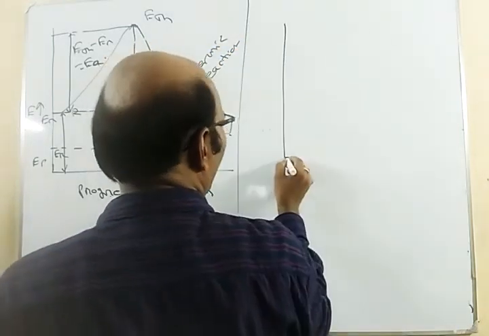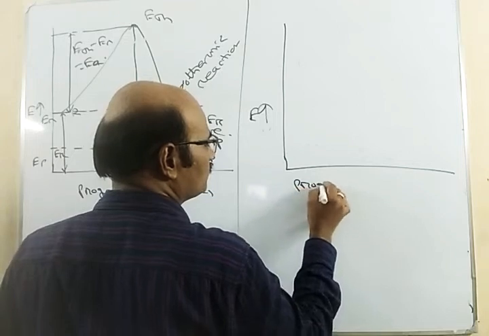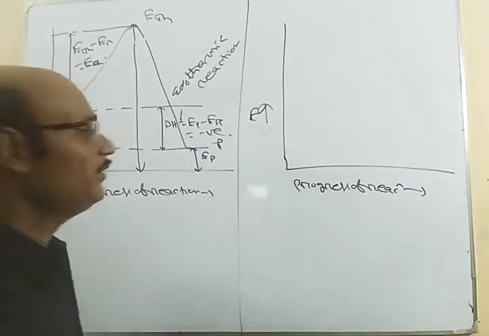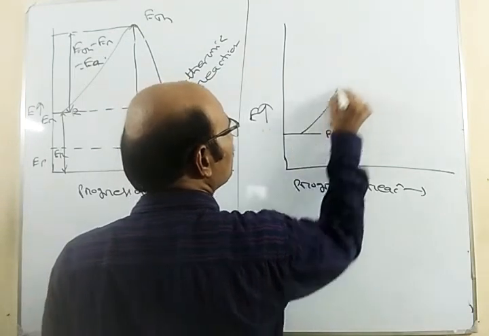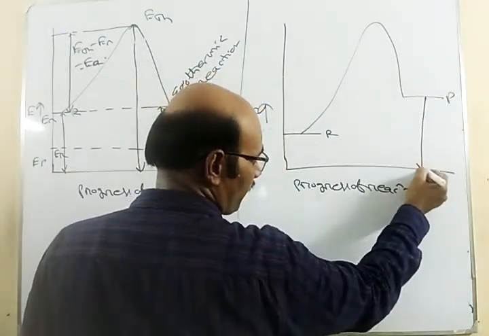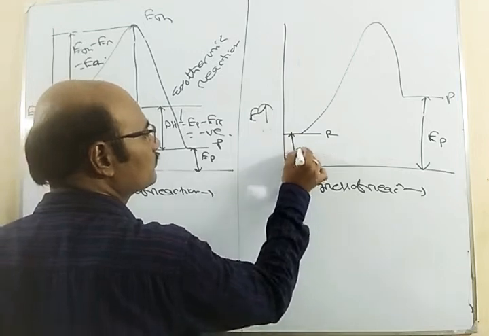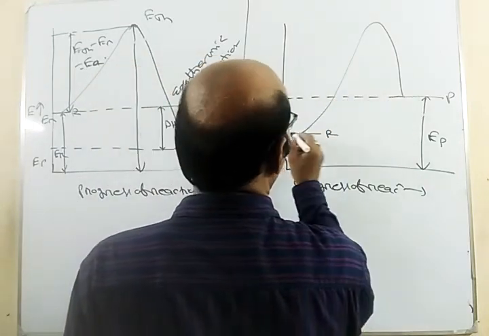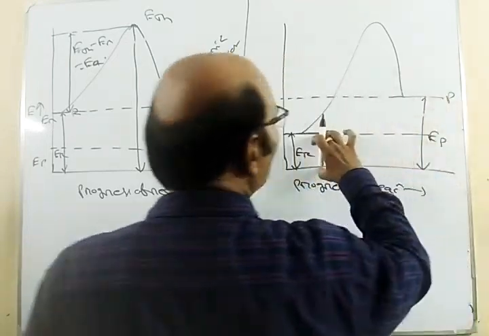Now, if I take energy and progress of reaction, ER here and P here, this is your EP, this is your ER.